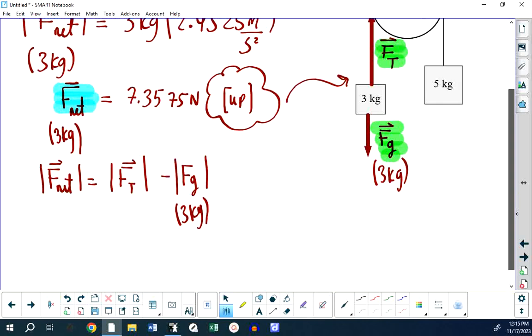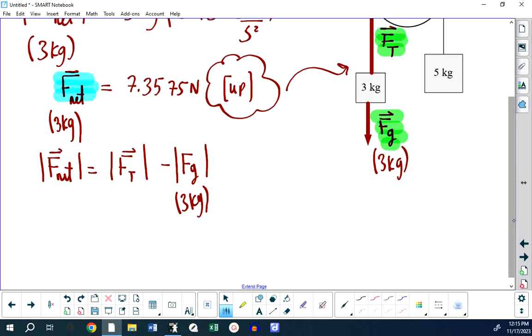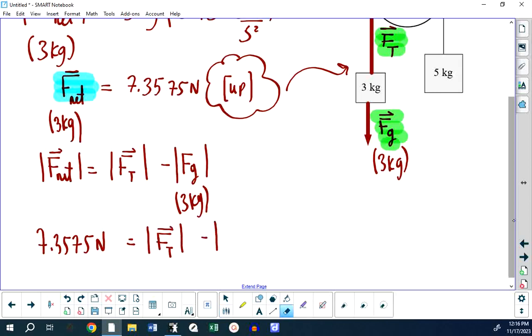So we've calculated the net force. It's 7.3575 newtons. This has to equal the magnitude of the tension minus the magnitude of the force of gravity on the 3 kilogram mass, which is 3 kilograms times 9.81 meters per second squared.